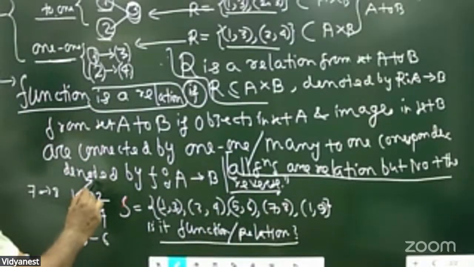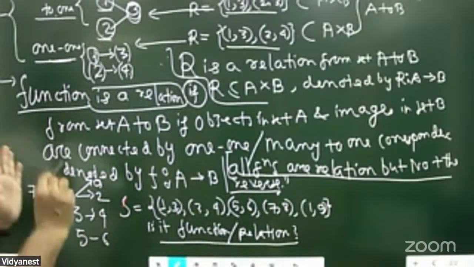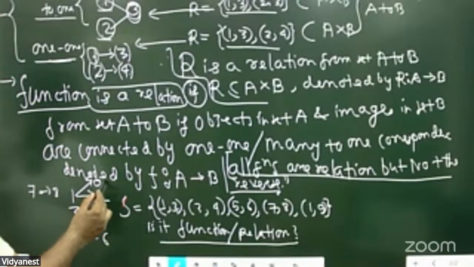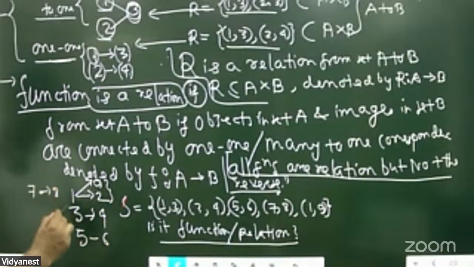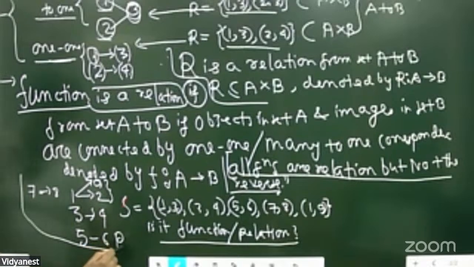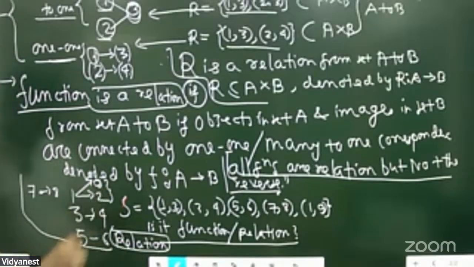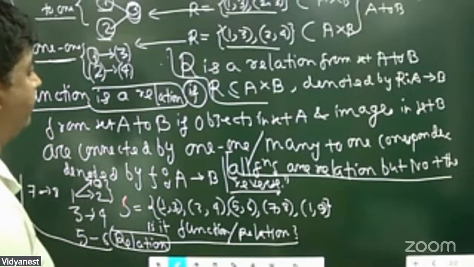So here that 1 to 1 correspondence is broken. 1 to many has come. So it can never be a function. It must be a relation. 1 as an object goes to 9, 1 as an object goes to 2. So it is purely relation. Understand? Yes, I got it.